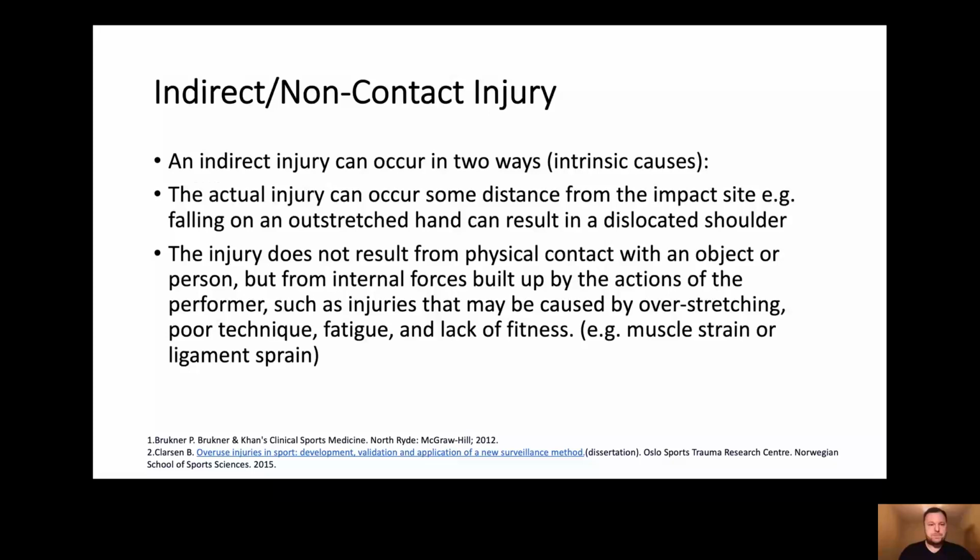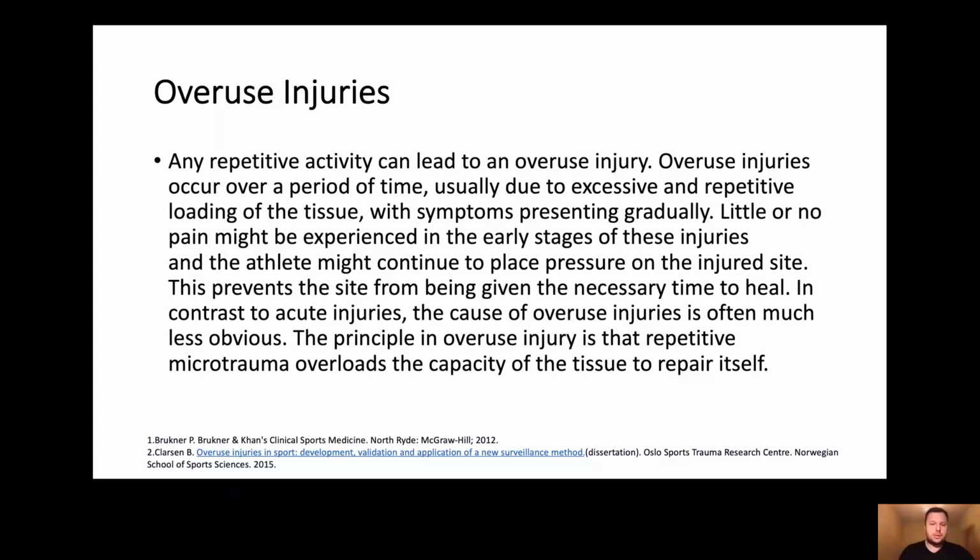So overuse injuries are usually the injuries of any repetitive activity which leads to overuse injury. Overuse injuries occur over a period of time, usually due to excessive and repetitive loading of the tissue, with symptoms presenting gradually. Little or no pain might be experienced in early stages of these injuries, and the athlete might continue to place pressure on the injured sites.